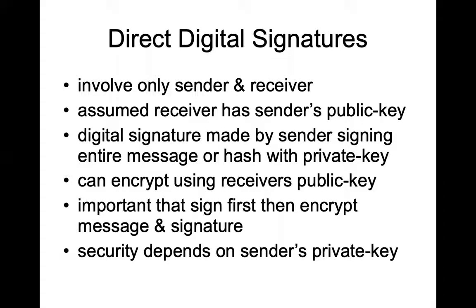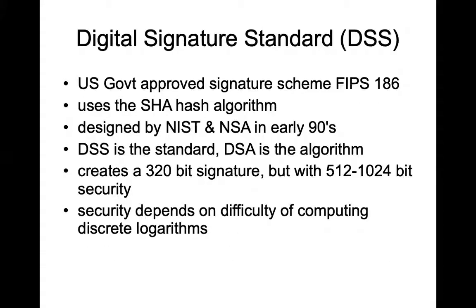The whole thing is concatenated and encrypted using Bob's public key and sent over to Bob. Bob can then decrypt it with his private key and then check the signature. That allows Bob to verify that the message was in fact sent by Alice. And the security, of course, depends upon the sender's private key.